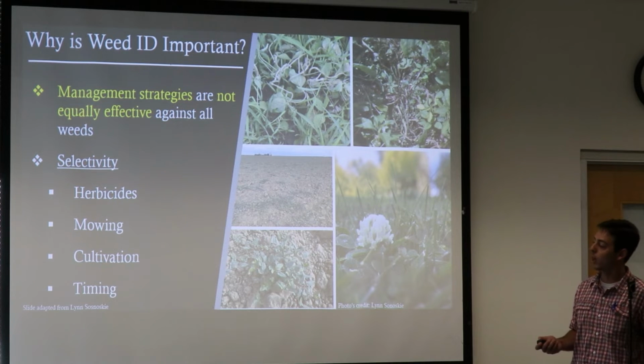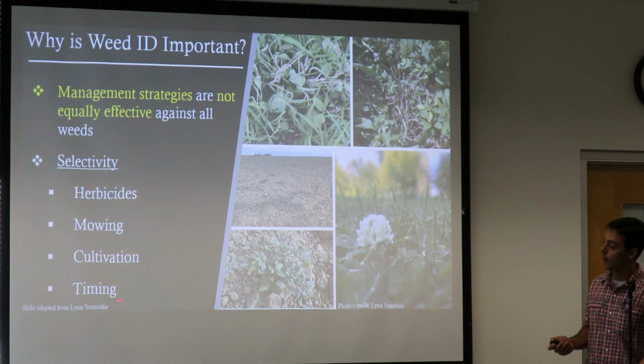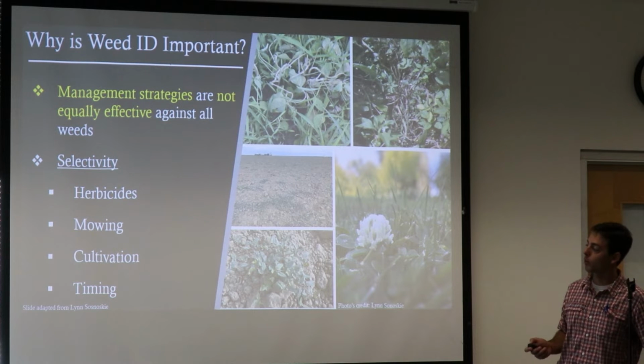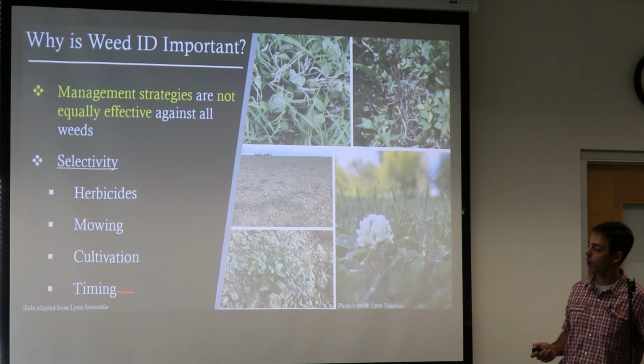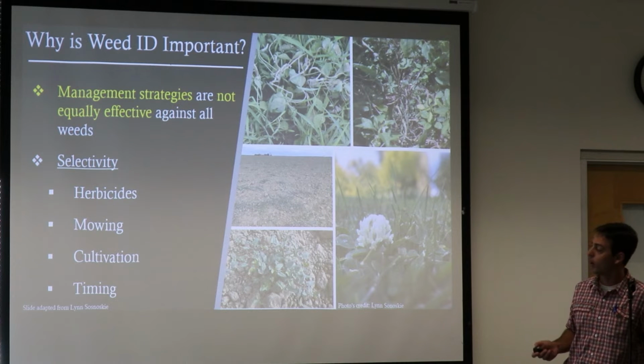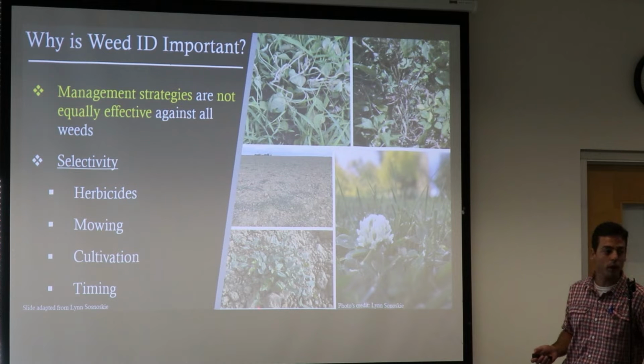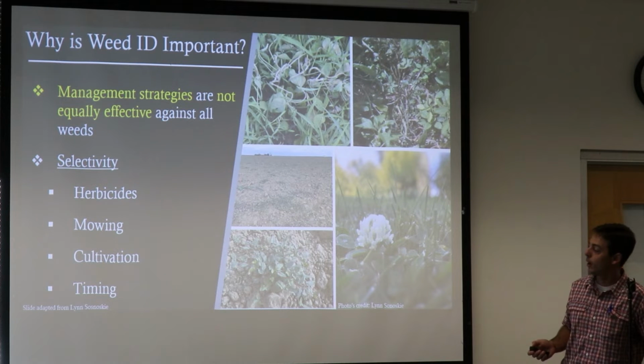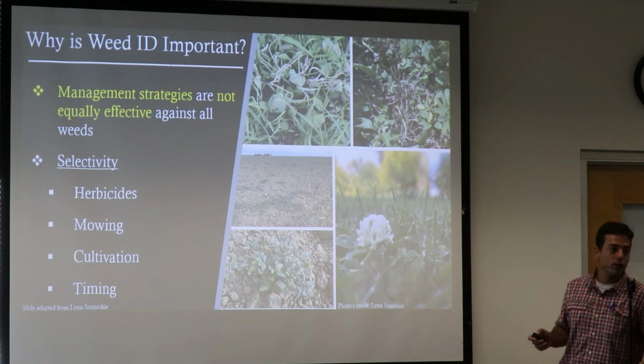And then timing. That's very important, particularly if you are trying to control weeds with herbicides. For annual plants, as a rule of thumb, you need to get them as soon as you can: the smaller the better. As the plants get bigger, you lose efficacy. For perennial plants, in the case of field bindweed for example, you want to spray late in the fall when they are flowering, and you want to use systemic herbicides.